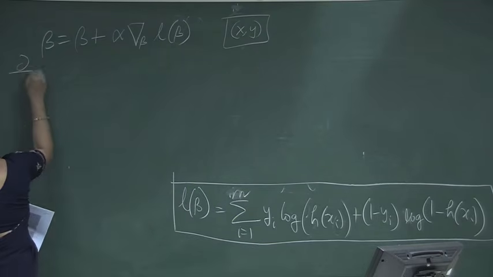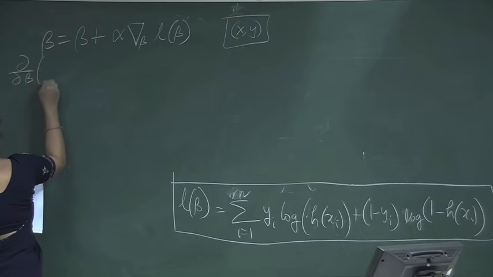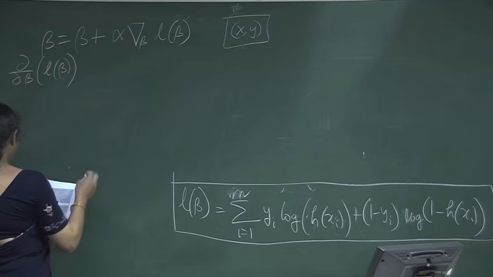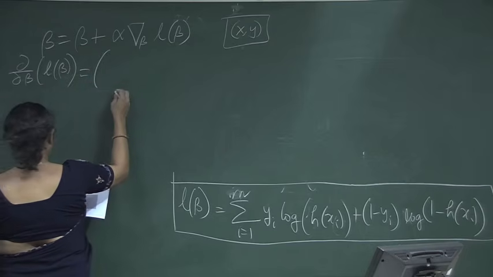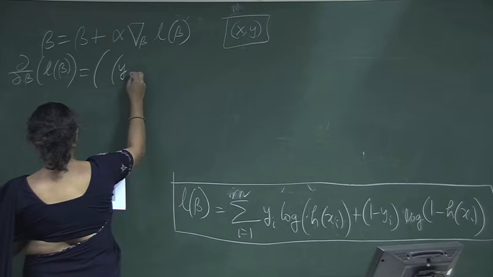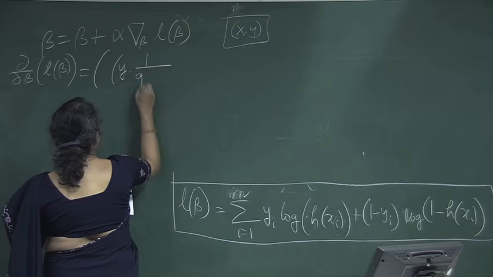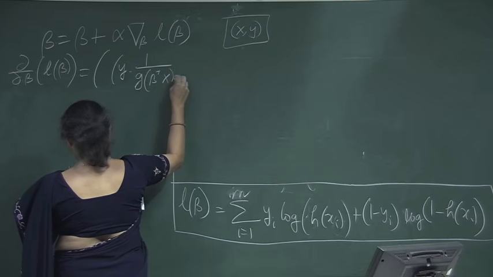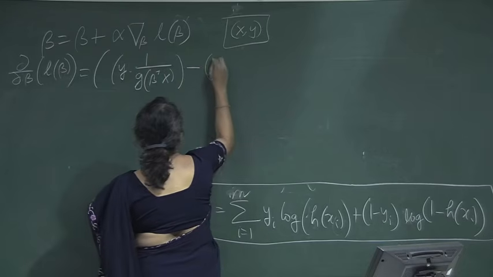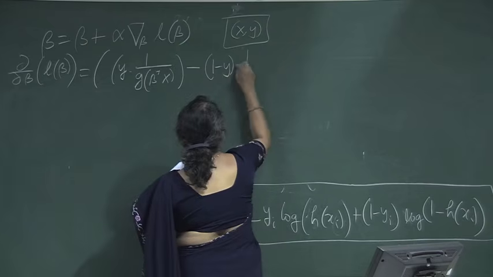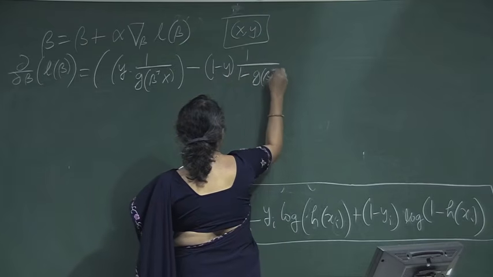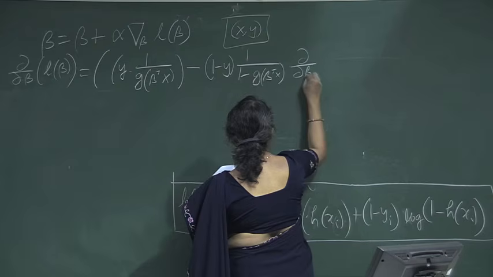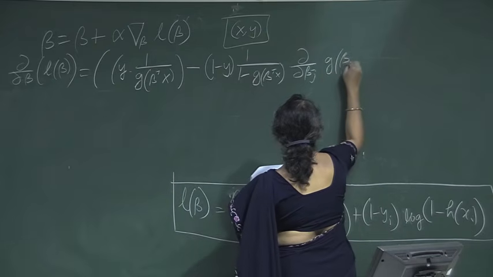If we take the partial derivative of l(beta), which is the function that we have given here, what we get is y times 1 by g(beta transpose x), minus (1 minus y) times 1 by (1 minus g(beta transpose x)), times the partial derivative with respect to beta j of g(beta transpose x).